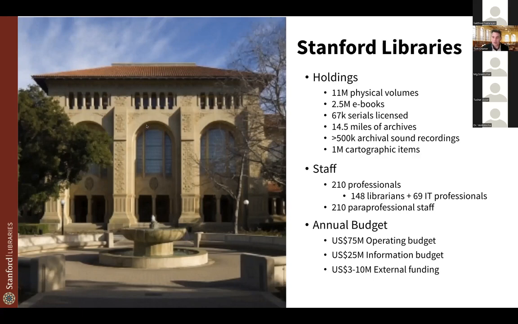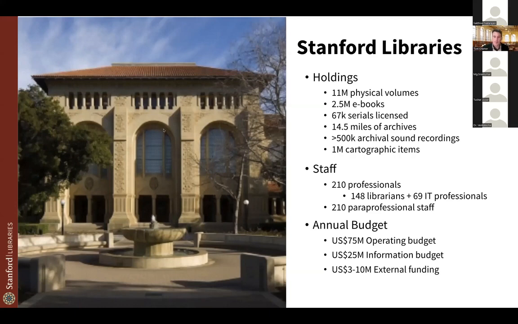Overall, our budget is about $75 million annually, with about 1/3 of that spent on information resources. And through our collaborations and projects, we always strive to be innovating, and we often bring in additional funding for the sake of conducting innovative projects.